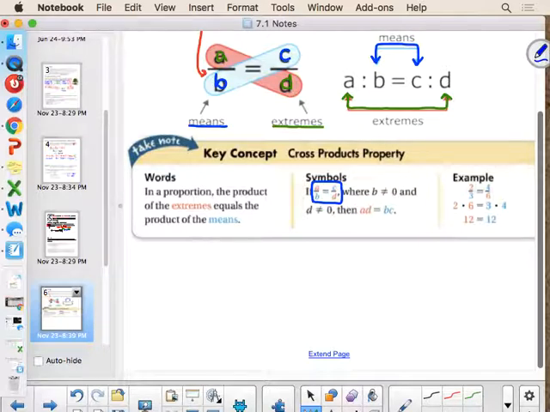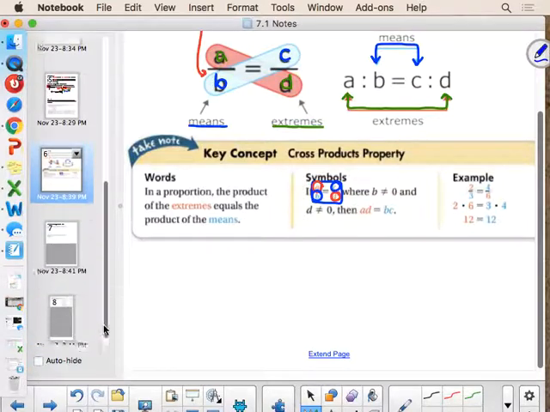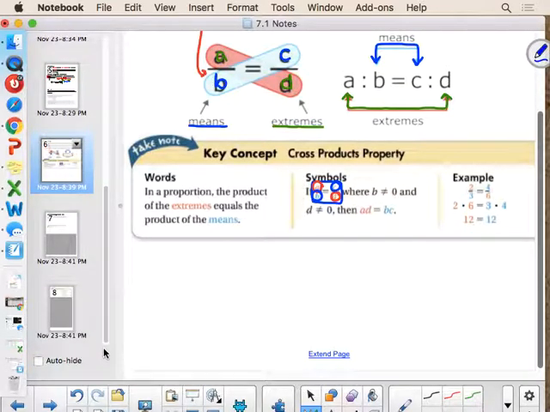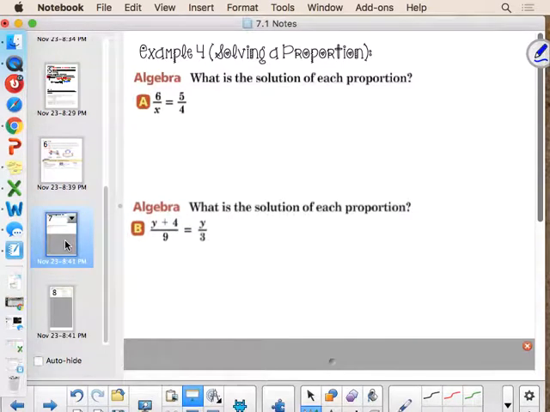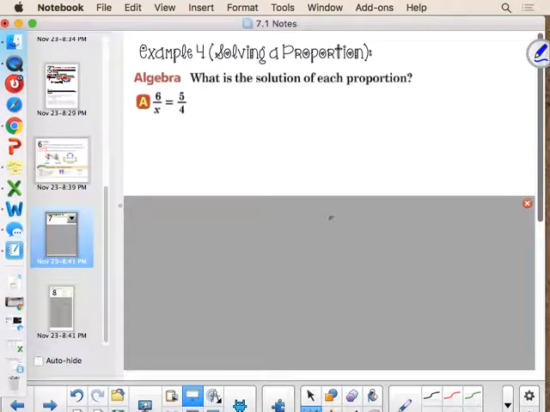Essentially, what I'm doing is bringing the extreme and the mean of one side over to the other side. So, in general, what I'm saying is A times D is going to be equal to C times B. The extremes times each other equals the means times each other. Okay? We talked about this a long time ago in your basic math classes, so now we just need to utilize this property. So here we go. Let's do the first example.